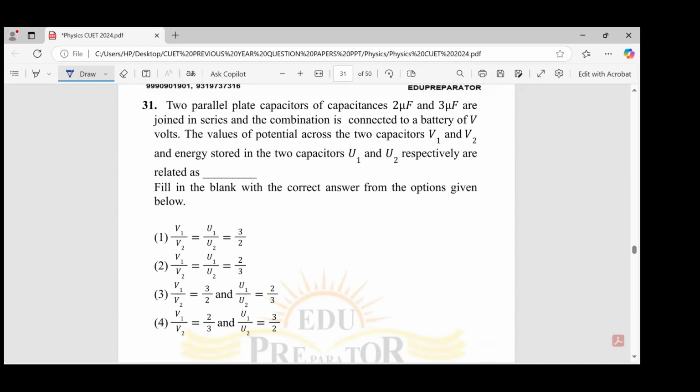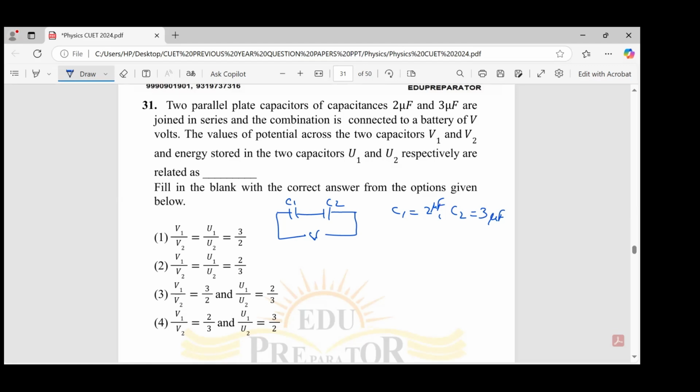The 31st question says you have two capacitors which are connected in series and the series combination is connected to a V volt source. This is C1, this is C2. C1 is 2, C2 is 3, of course in microfarad. So these are their capacitances.